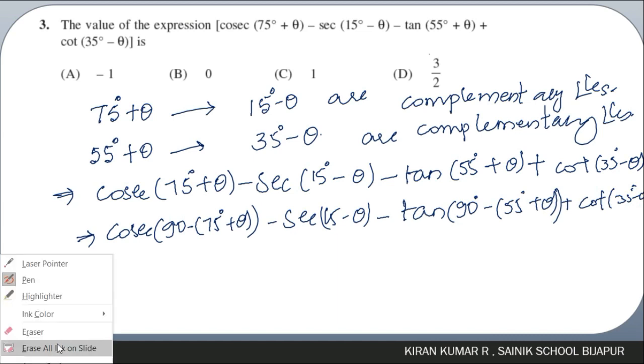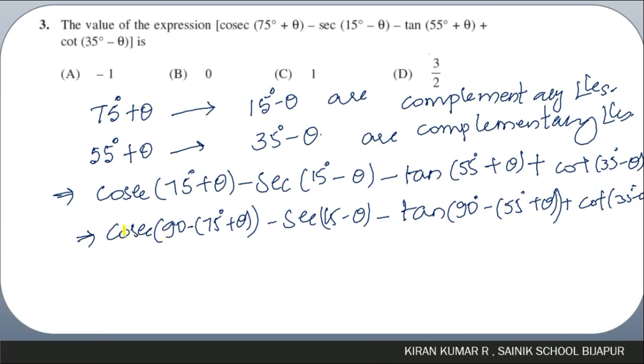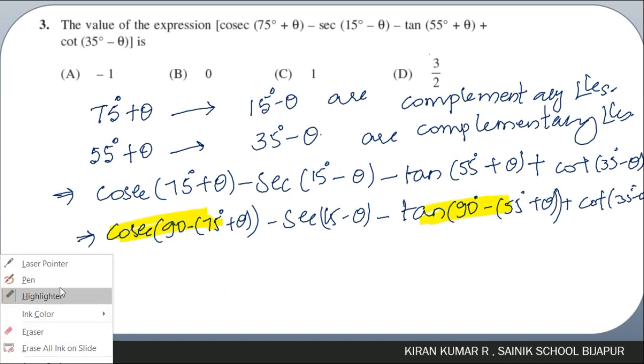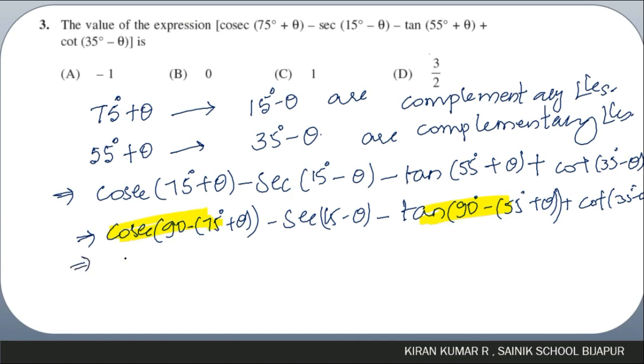So observe, I have made this 90 minus, this 90 minus, so that I can make use of the complementary angles, so that I'll get secant 15 degree minus theta minus of, there is one more secant 15 degree minus theta.